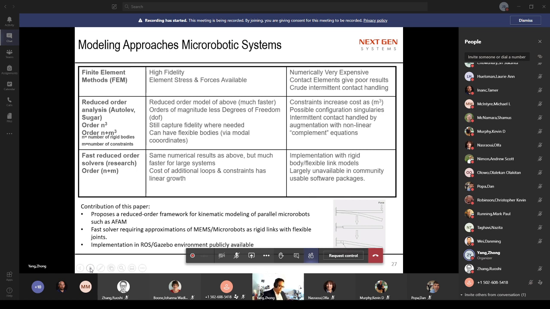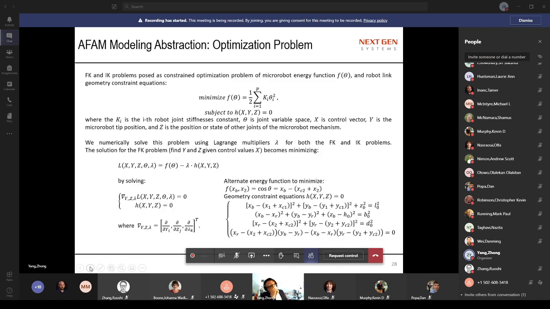model this micro robot. So here I start by modeling the forward kinematics and the inverse kinematics of this micro robot. How to do that? The forward and inverse kinematics we can abstract as an optimization problem with a constraint. Imagine you have a physical system.